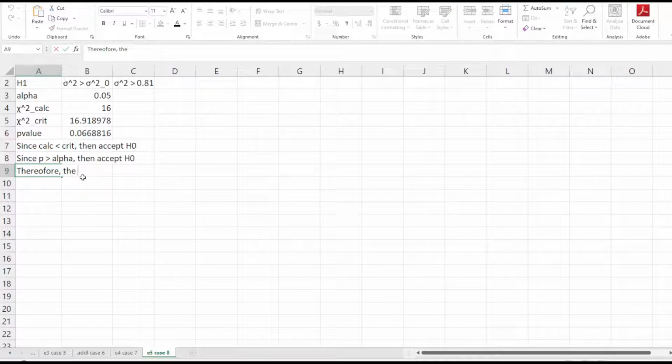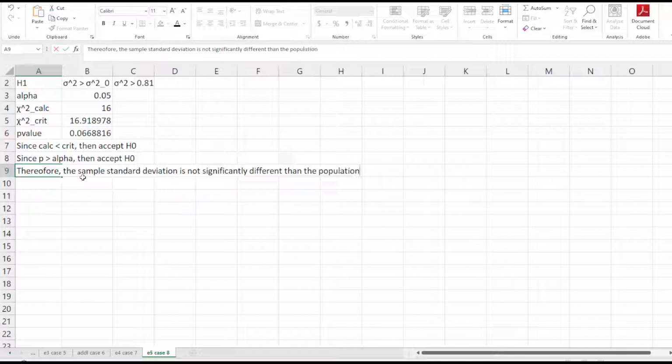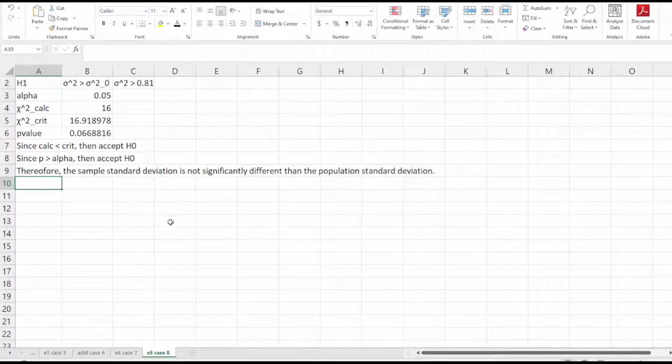Since, therefore, the chi-square, therefore, the sample standard deviation is not significantly different than the population standard deviation. Okay? So, yun. That is for example number 5, case 8.